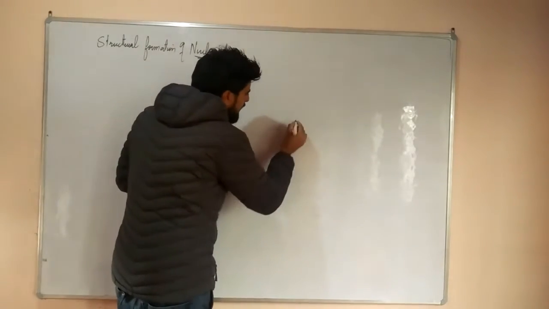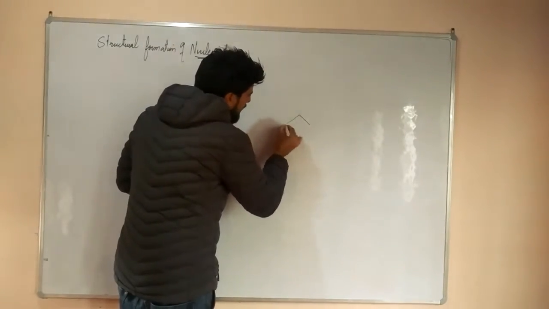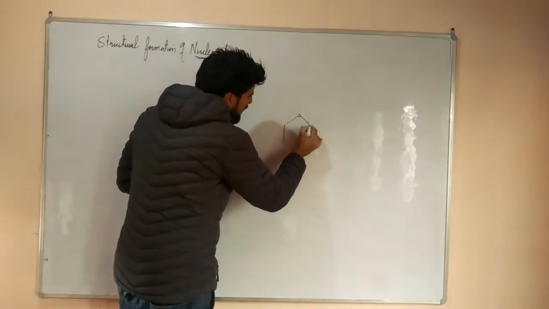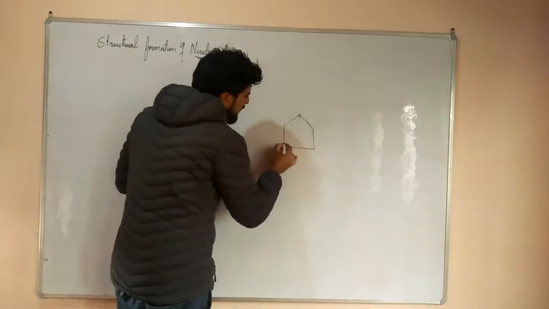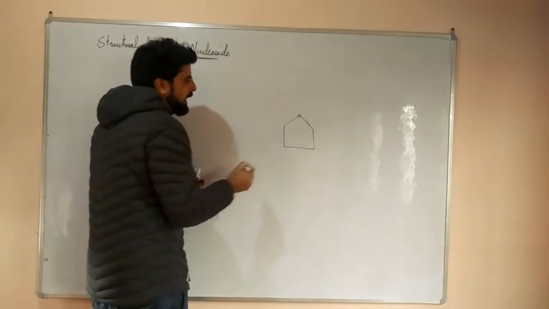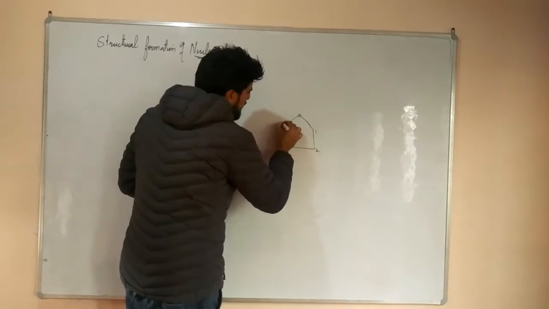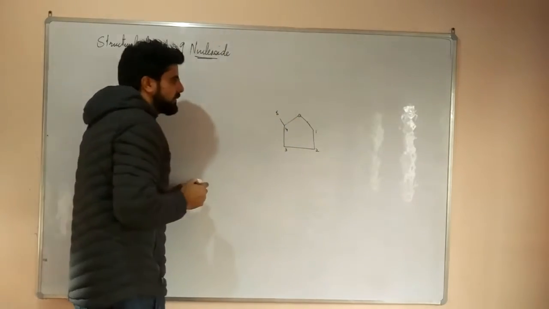First of all, we have a deoxyribose sugar in case of DNA. So this is the deoxyribose sugar, and this is carbon number 1, 2, 3, 4, and this is carbon number 5.